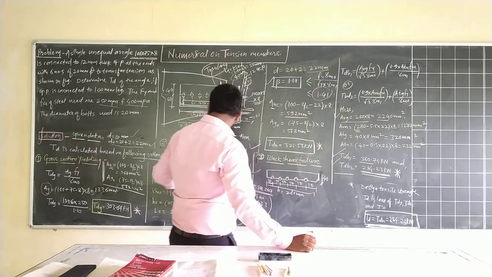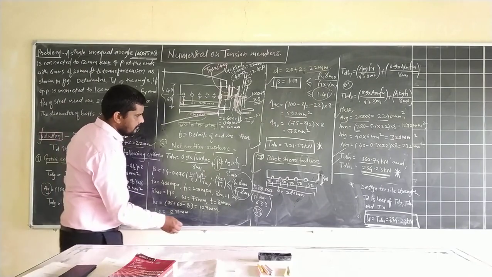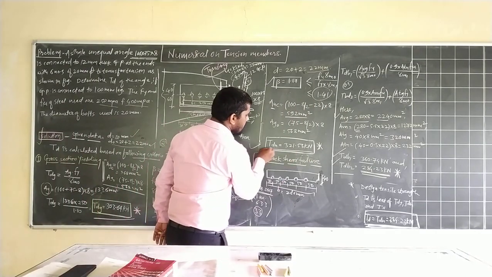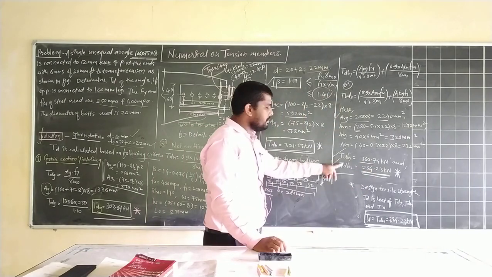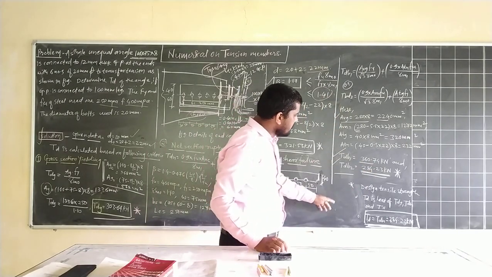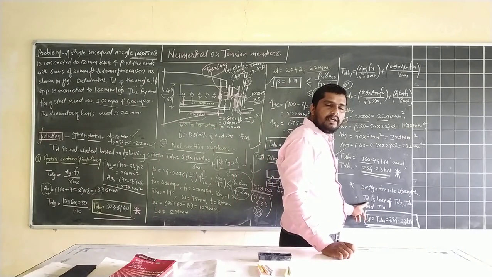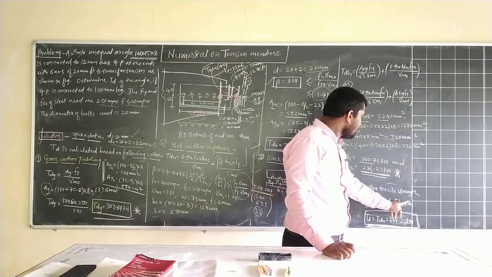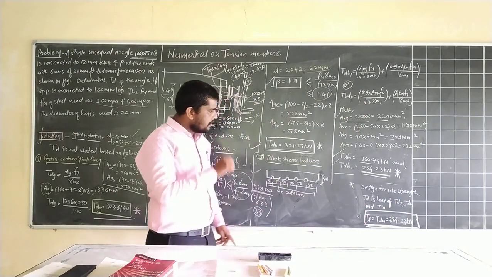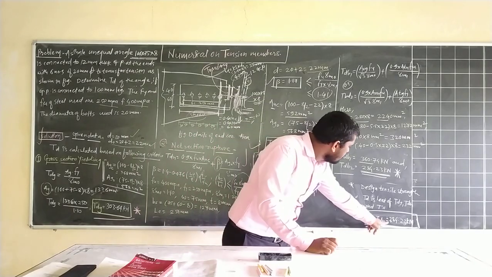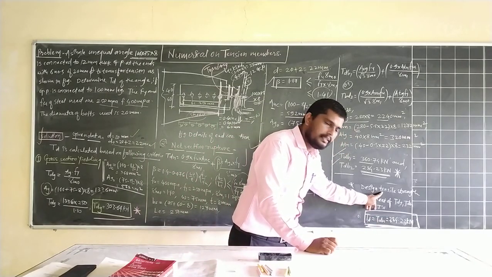So after knowing all these values, that is TDG, TDN, TDB1 and TDB2, the final answer, the design strength TD, will be the least or minimum of TDG, TDN, TDB1 and TDB2.